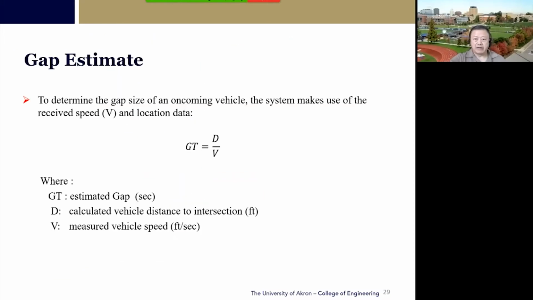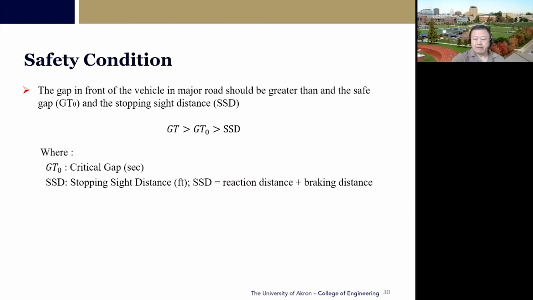Let's go through it. The gap estimation is pretty straightforward. It's simply distance divided by speed. Now for the safest condition, we want to make sure that the gap we consider a good gap to use should be greater than the critical gap, and of course greater than the stopping sight distance.